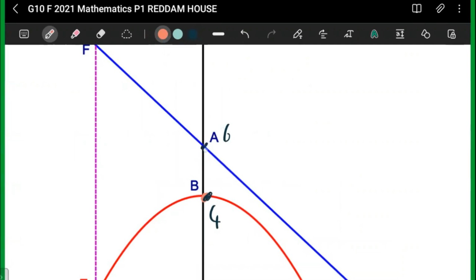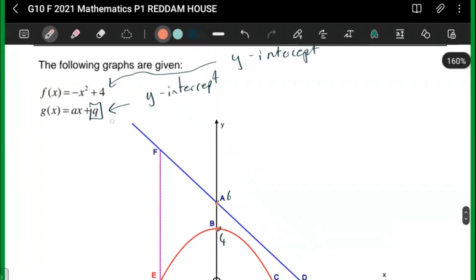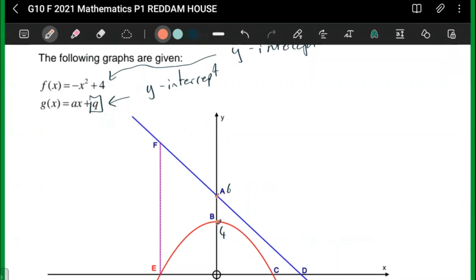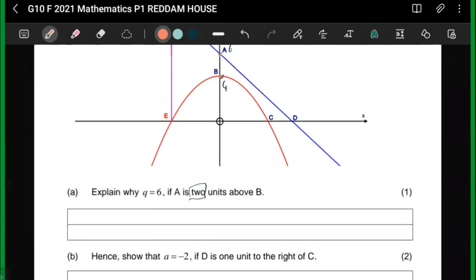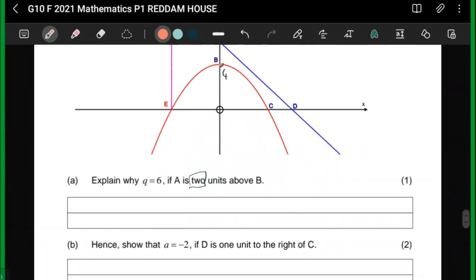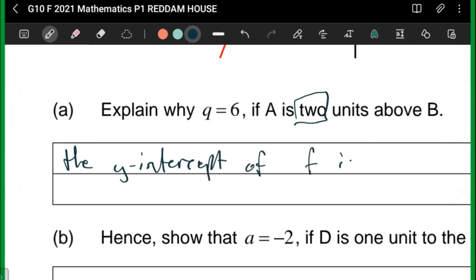So the only way you're going to tell them you know that this is a 6 is if you can tell them that this is the y-intercept of G, and this is also the y-intercept of F. So you can say here, the y-intercept of F is 4.